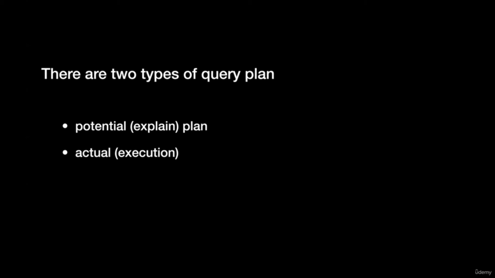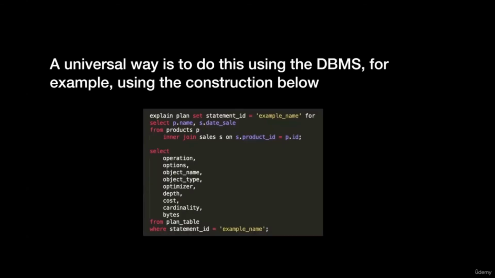The first and the easiest way is to do it in your IDE like PostgreSQL Developer, Oracle SQL Developer, DBeaver, and others. Usually a hotkey is used. It's either F8 or F10, or the web interface. A universal way is to do this using the DBMS, for example, using the construction below.